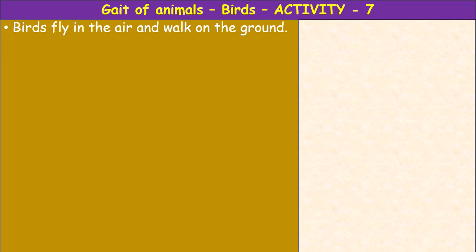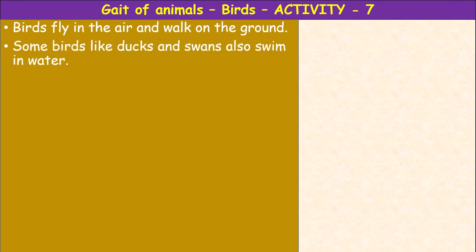With the help of pseudopodia, it will move. From unicellular to multicellular, now we enter into the vertebrates, higher animals. Birds fly in the air and walk on the ground. Some birds like ducks and swans also swim in water.